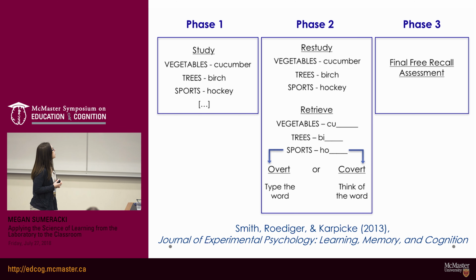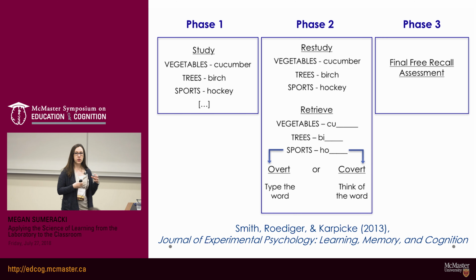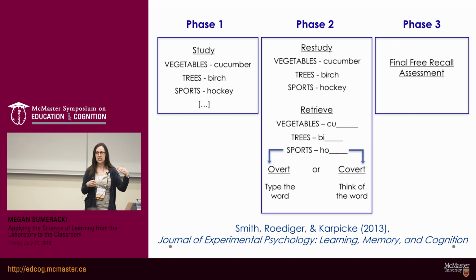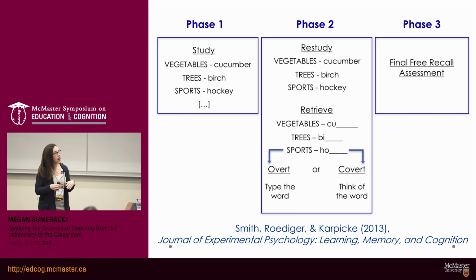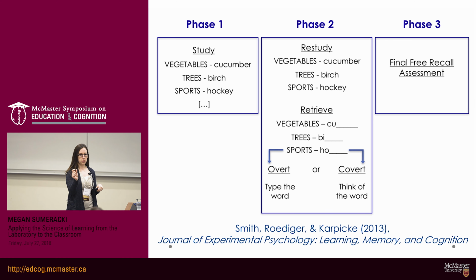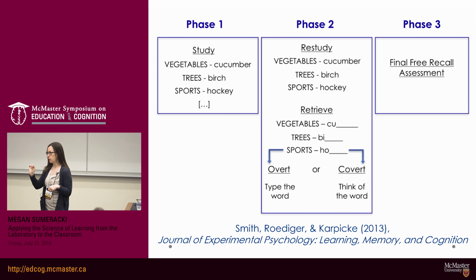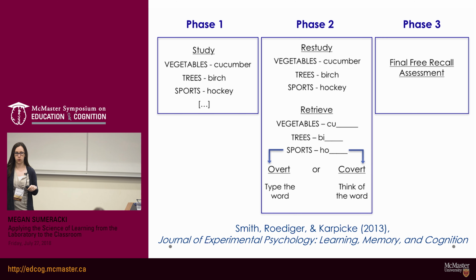So they study those. And then during phase 2, they restudy some of the items. So they're seeing them again. And then for some of the items, they're actually asked to retrieve. They're given the category, and they're given the first 2 letters of the item, and they're asked to try to retrieve it, which means bring it to mind.